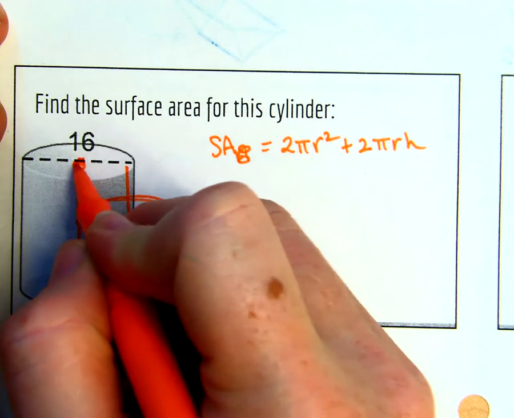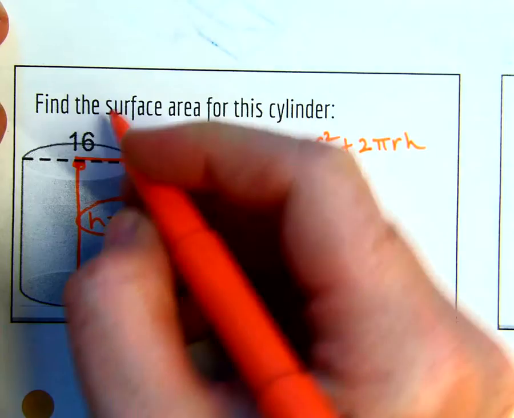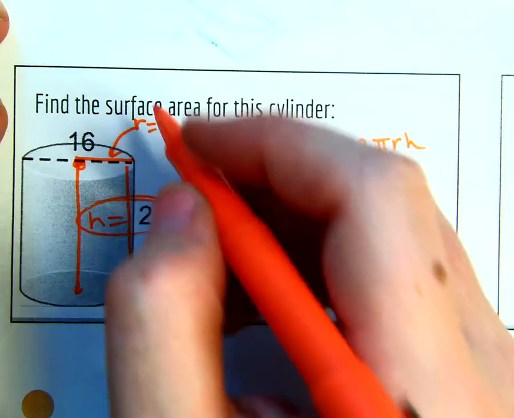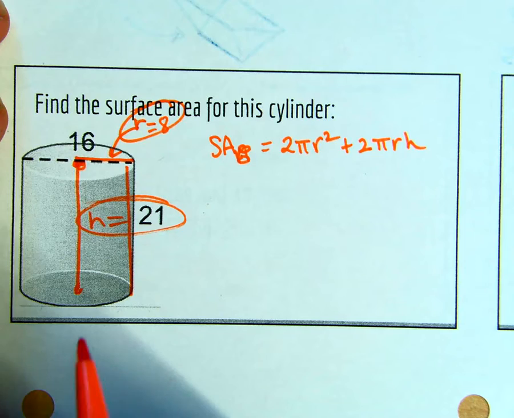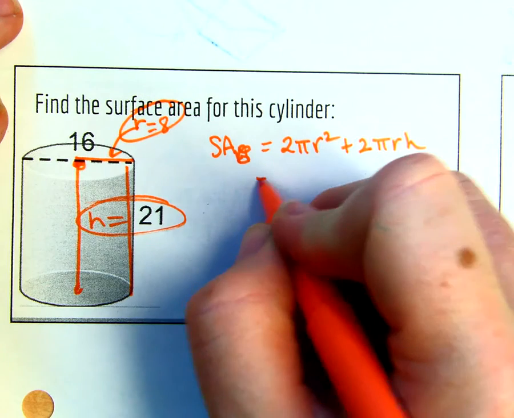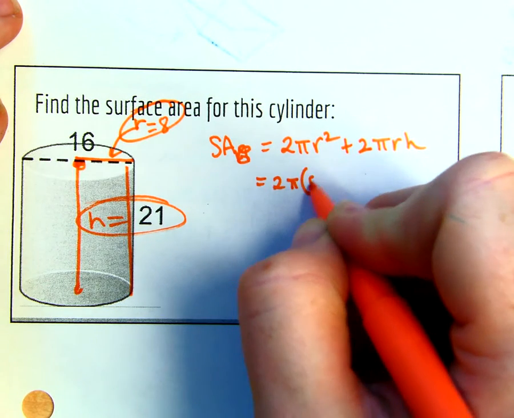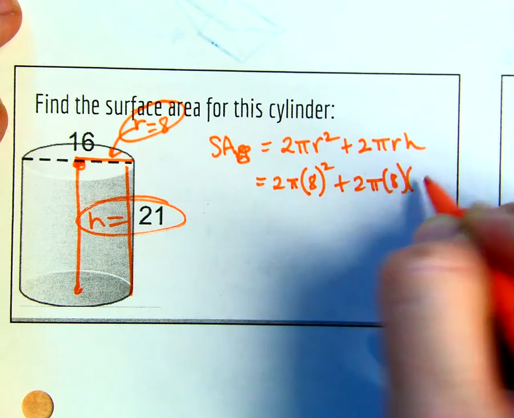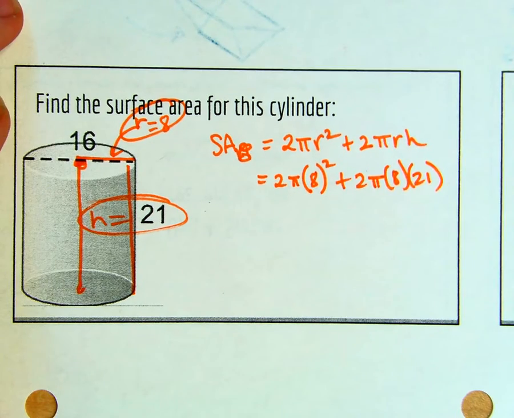And the radius isn't going to be all of this, but rather half of it. And half of 16 is 8. So that makes my radius 8. So I can just plug it in: 2 times pi times the radius squared plus 2 times pi times the radius times the height.